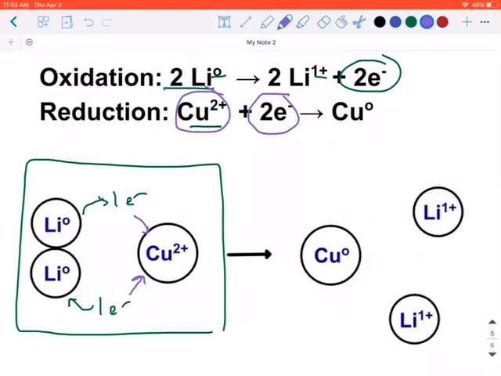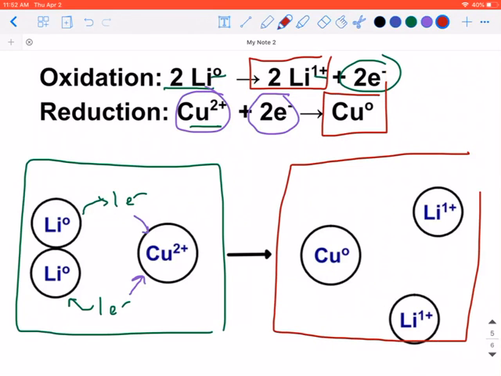Then in the end, I have 2 lithium +1 ions and 1 copper atom. That is our exchange of electrons. Hopefully that clears this up for you guys a little bit.